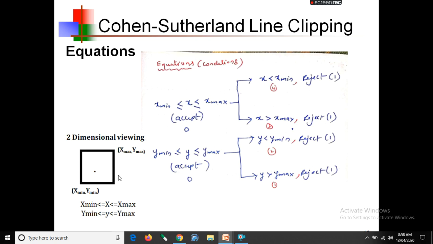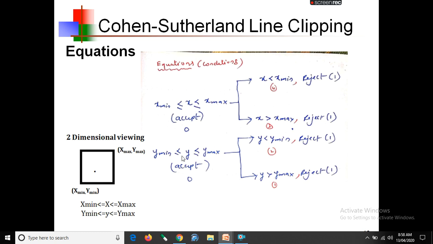when can I say that the given point P lies inside the clipping window? If the x coordinate value of the given point is greater than or equal to x minimum and less than or equal to x maximum, I can say that the x coordinate value of point P lies inside the clipping window.